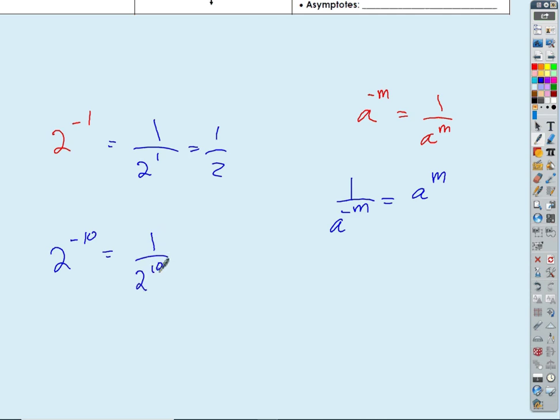Well, 2 to the 10th is a big number, right? What is that? 64 would be 2 to the 6, so then 2 to the 7th would be 128, 8th would be 256, 512, so it's 1 over 1,024. That's a pretty small fraction, right?